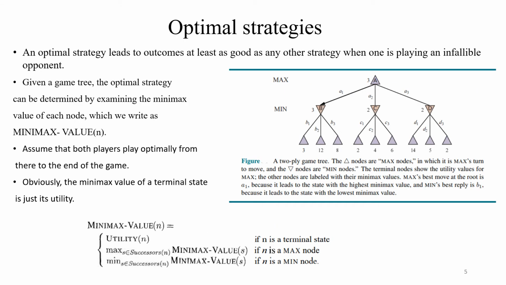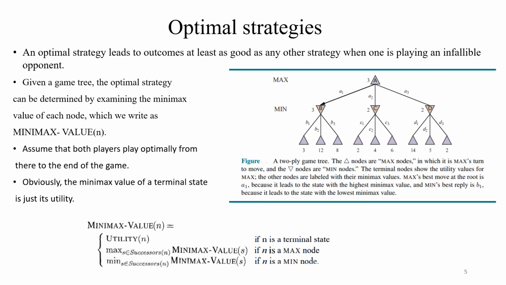Optimal strategies. Let us observe the diagram. The possible moves for max at the root are labeled A1, A2 and A3 and so on. The possible replies to A1 for min are B1, B2, B3 and so on.